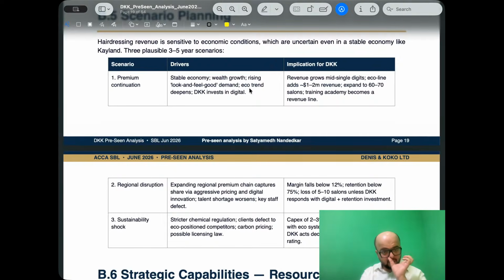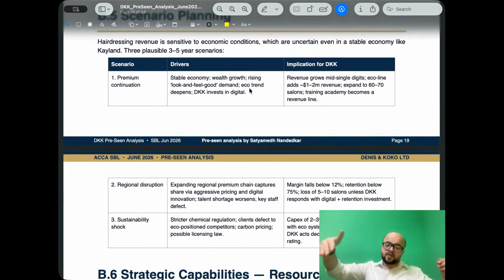Talent shortage becomes worse. Some top-notch hairdressers with DKK might move out and open their own salon. They already know the tricks of the trade that this salon is using, and they will apply the same tricks for their business. So they will pull in a different direction.